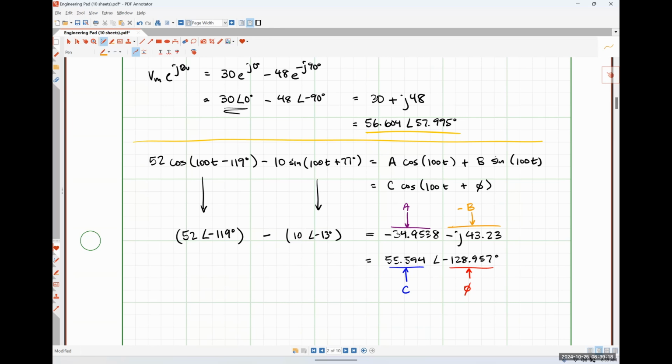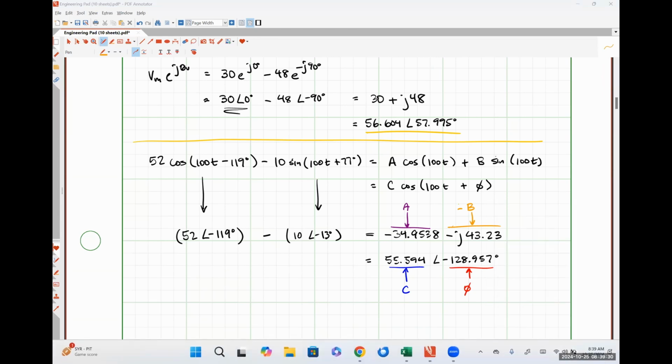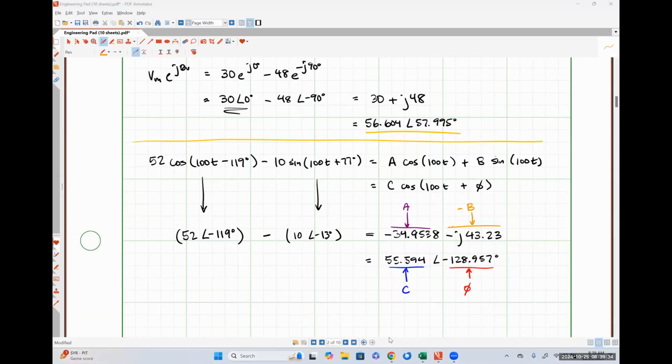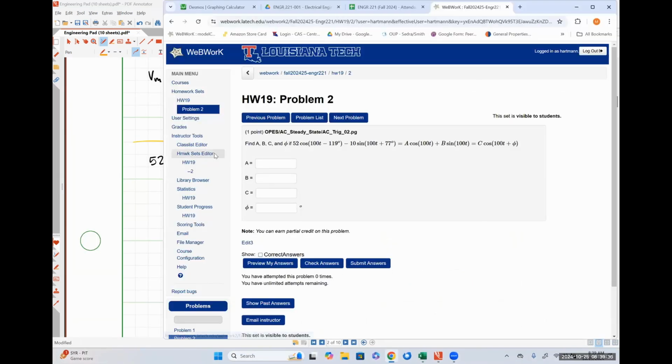Cosine of alpha plus beta is equal to cosine alpha cosine beta minus sine alpha sine beta. Yep, so let's check it out. What was A again?